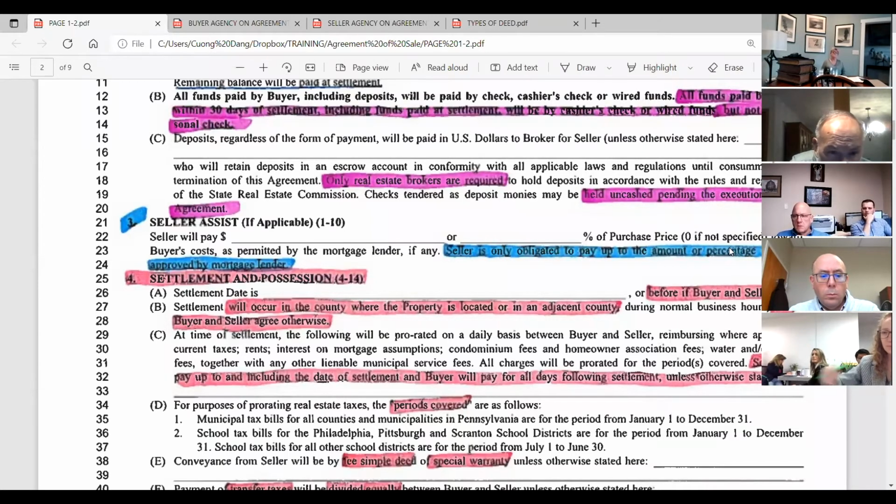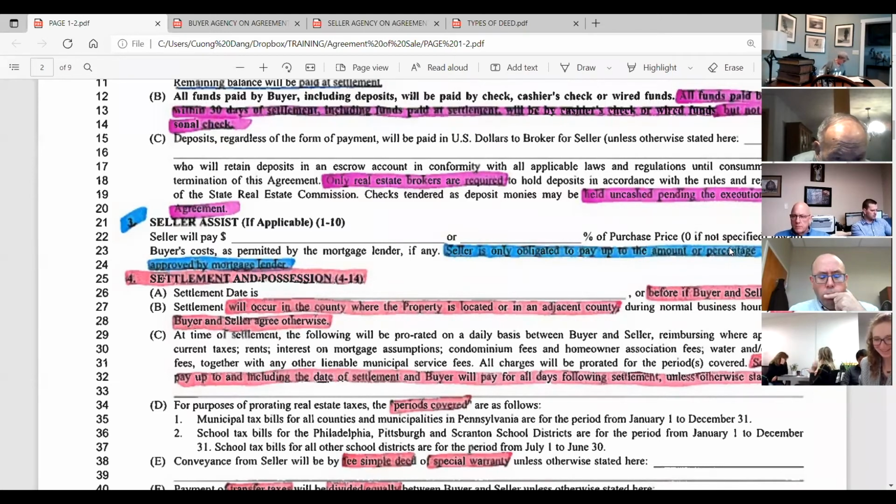Now, the next line, we don't have to deal with this very much right now, but in the past, we've had several arguments about it. Seller is only obligated to pay up to the amount or percentage which is approved by mortgage lender. Okay, so I have a sample here in our notes.